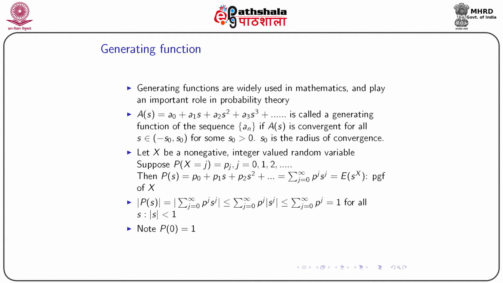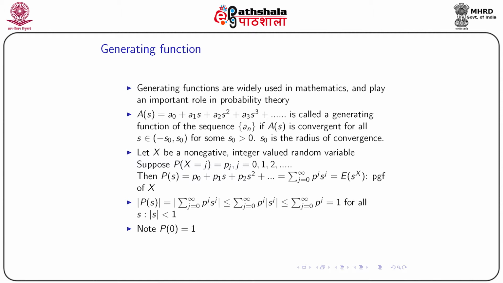This is called a generating function of the sequence a_n if this function A(s) is convergent for all s belonging to minus s0 to s0 for some s0 greater than 0, and this s0 is called the radius of convergence. So this is essentially a convergent series, and from it we can find the radius of convergence too.